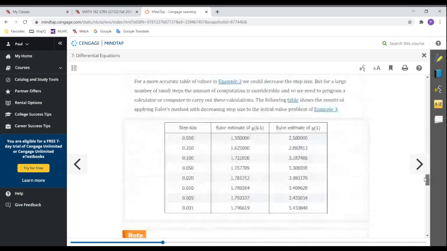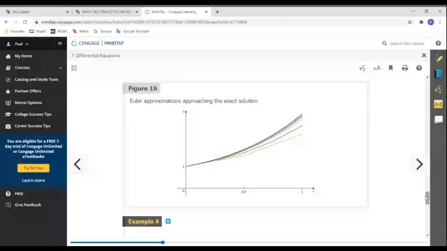Let me see here, I have a nice picture. See this here in figure 16? Here they have some different Euler approximations to a solution curve using different step sizes. The Euler approximation with the 2 green line segments is for step size a half. The one with the purple line segments is step size 0.25. If you decrease the step sizes, the yellow and the blue Euler approximations are pretty close to the solution curve from 0 to 1.